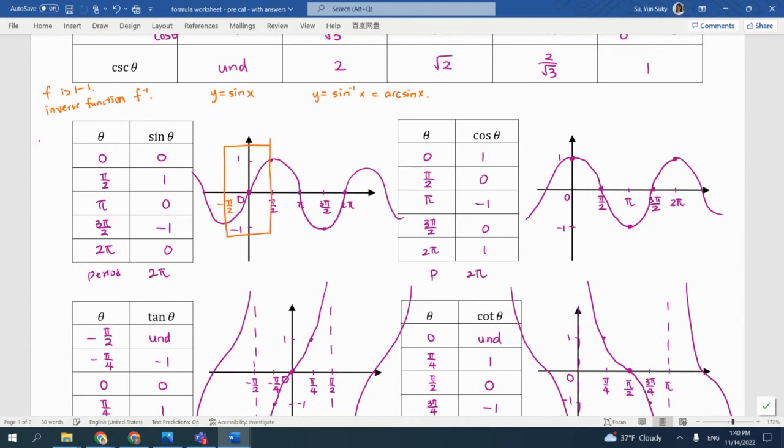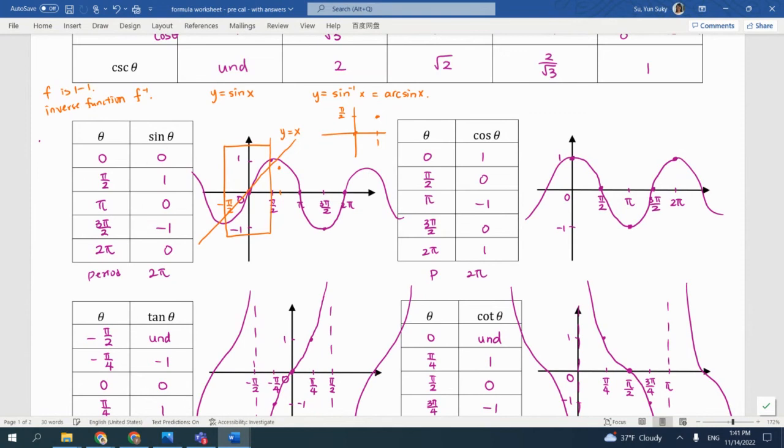Okay. So you draw the line. This is y equals x. And then you draw the mirror image about the line. Therefore, this point at pi over 2, 1, the mirror image about the line will be here. This new point is at 1, pi over 2. And then 0 is still 0.